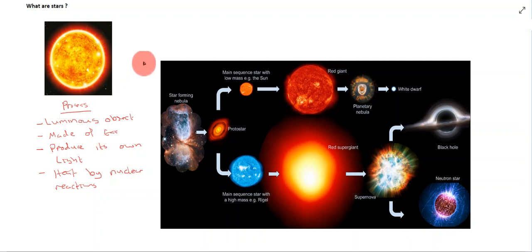So what I want to think about then is, how does a star form? First of all, it's made up of a gas. What gas is it made up of? We start off with hydrogen atoms.